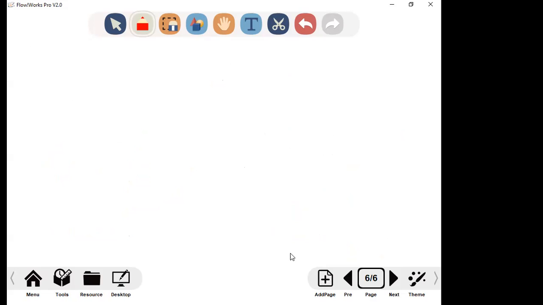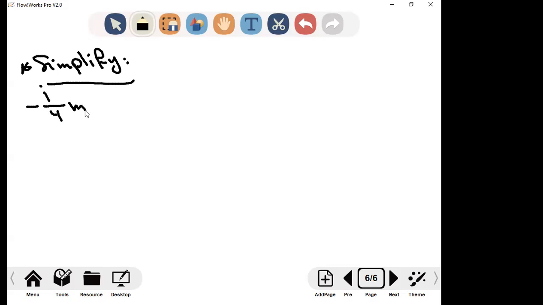Check. Simplify. Check after example 3. Simplify negative 1 over 4n plus 5 over 6 plus 3 over 8n minus 2 over 3.